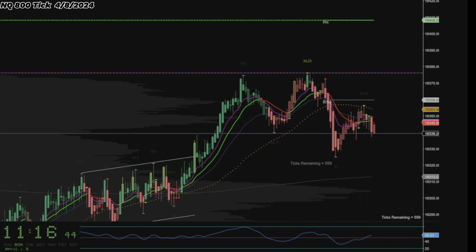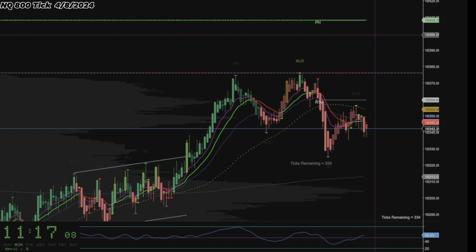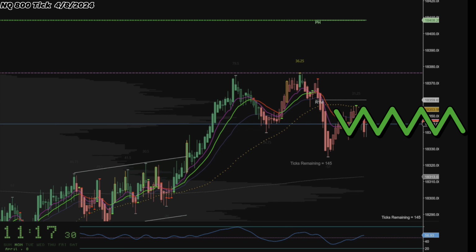Okay, now the sellers are trying again, but since we are sideways right now, I really want to see the bar close completely before making a decision. And if the bar doesn't break the level, then it is not a good decision to enter. So I'm pretty much waiting for this area to break through with a strong bar.